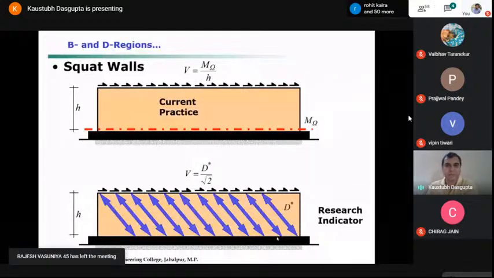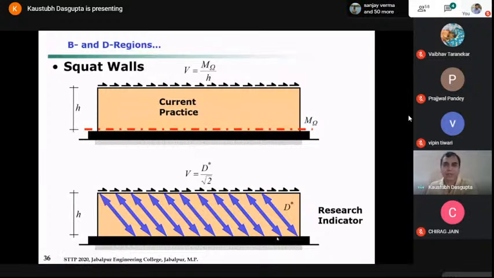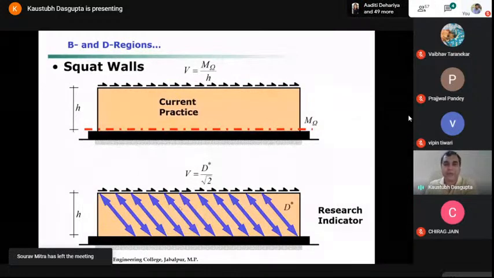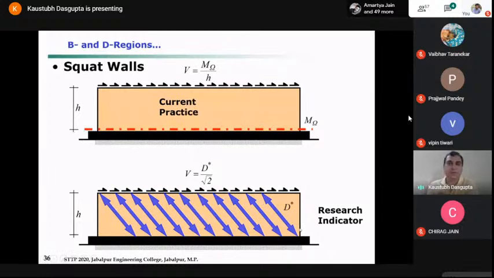But in squat wall type piers, which we see extensively, that is not applicable. Somehow we do not have failures, and these observed bridge piers are behaving in a desirable way. That's probably why we are not investigating further. But in reality, whenever you have a squat pier, you will have this type of force transfer through struts. So you will not have that type of bending moment or bending.